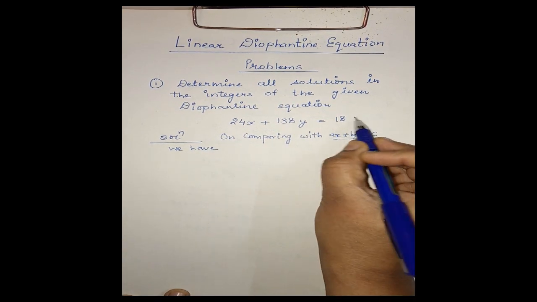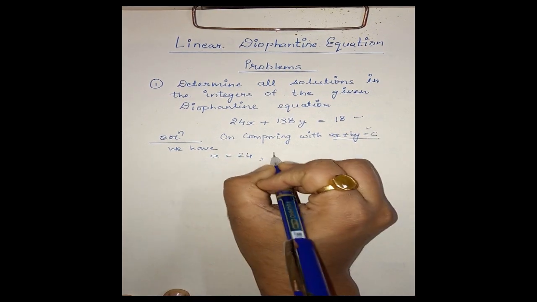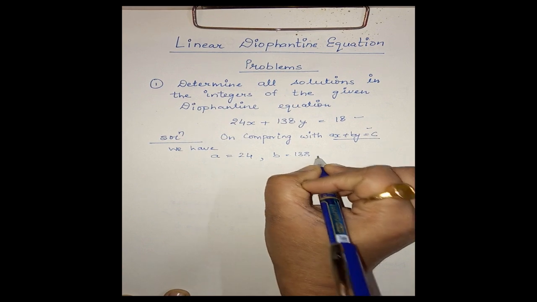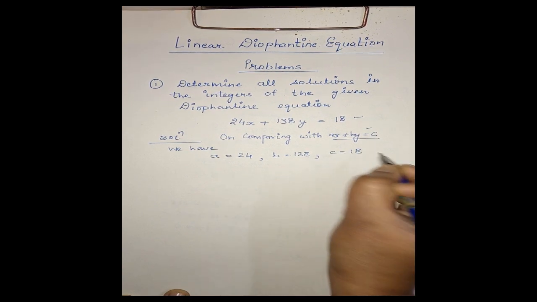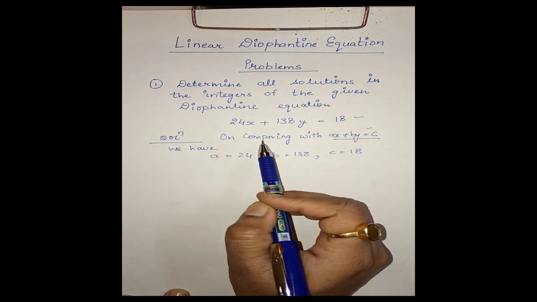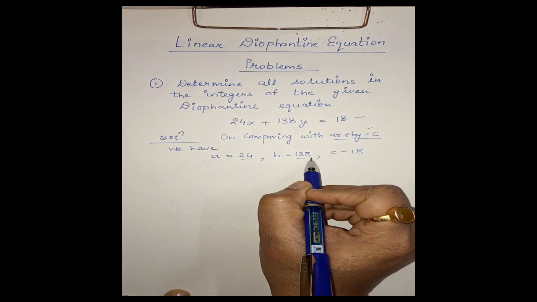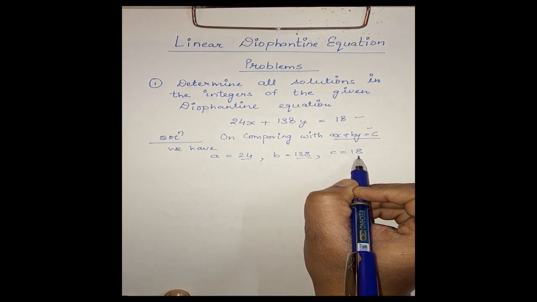Comparing, we have a is equal to 24, b is equal to 138 and c is equal to 18. Now we know a solution exists for the given Diophantine equation if and only if GCD of a and b divides 18. This is a necessary and sufficient condition for a solution to exist.